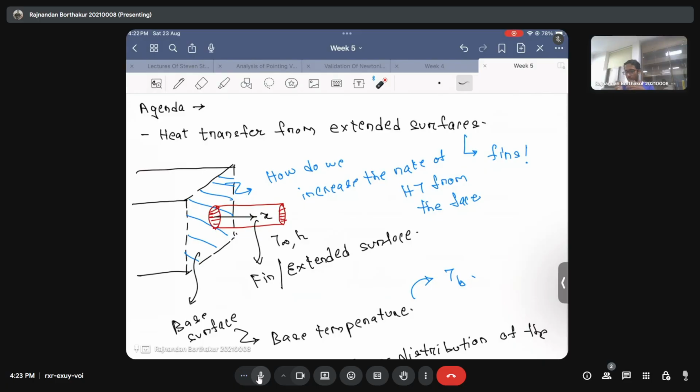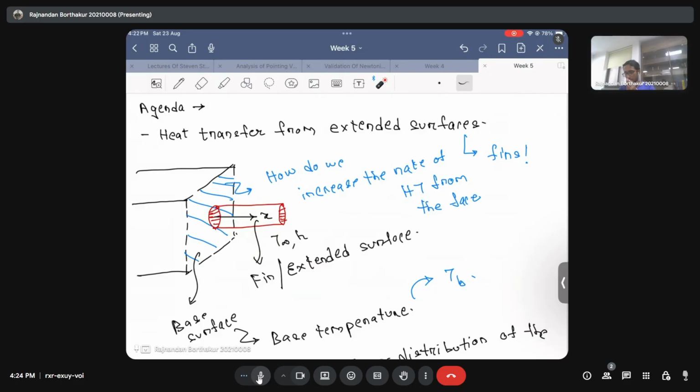One way of doing that, in addition to the convection loss, is by using an extended surface, typically because diffusion also helps. The mechanism by which the extended surface works is that it will diffuse the heat into this solid, and then this will dissipate the heat to the ambient. That is in principle how a fin actually works.